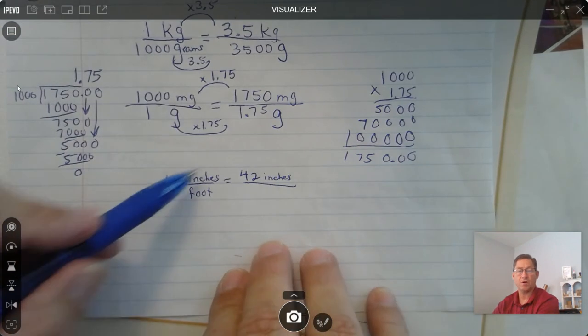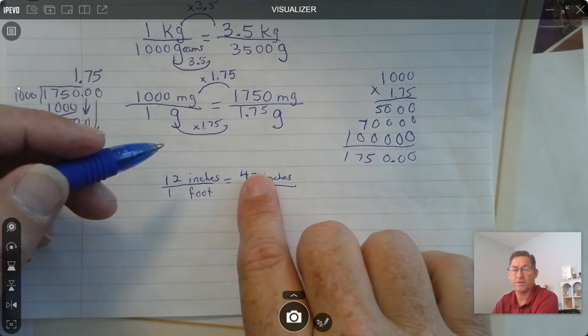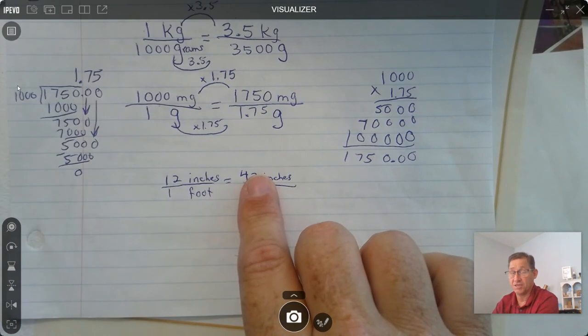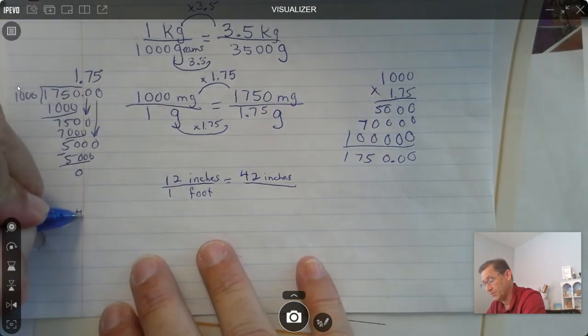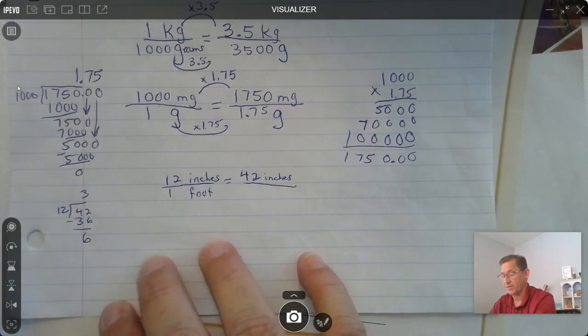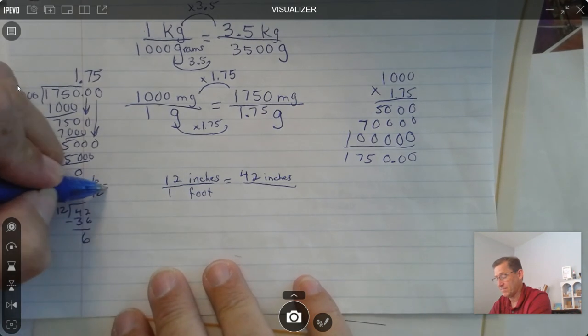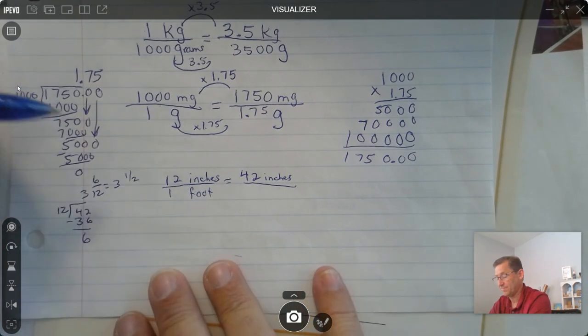So how do we go from 12 to 42? I can't multiply 12 by anything to get 42 using just a whole number. So I'm going to divide 42 by 12. And that's going to give me 3 and 6/12. Well, that's the same as 3 and 1/2.